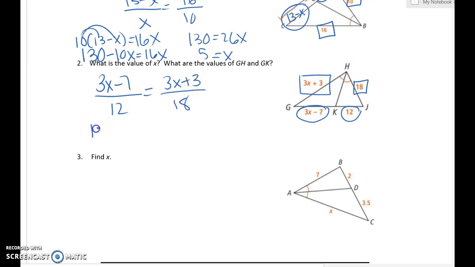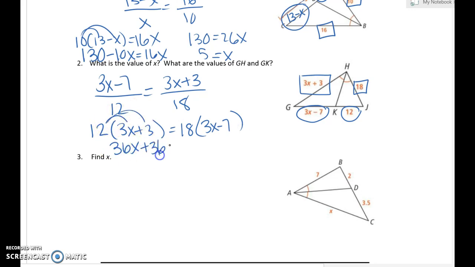If we cross multiply, we have 12 times 3x plus 3 equals 18 times 3x minus 7. 12 times 3x, 36x. 12 times 3, 36. 18 times 3x, 54x. 18 times negative 7 is negative 126.